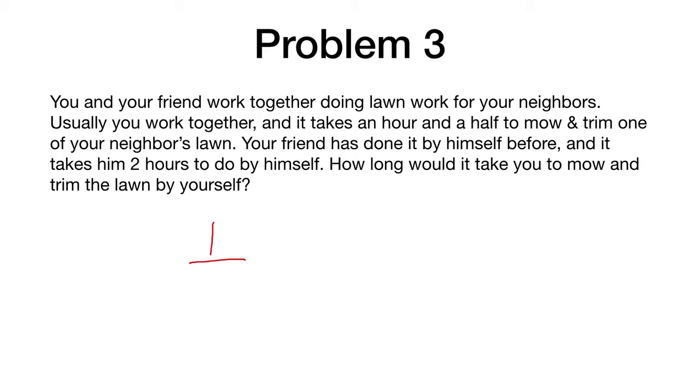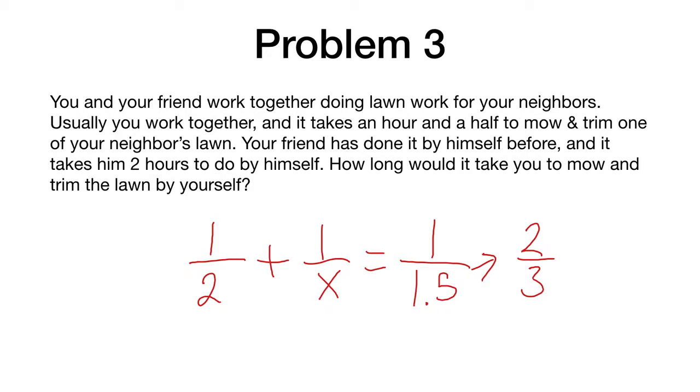So let's go. 1 over 2 hours for your friend plus 1 over x hours for you is the same as 1 over, well, 1.5, which, by the way, turns into 2 over 3. So x plus 2 over 2x equals 2/3.